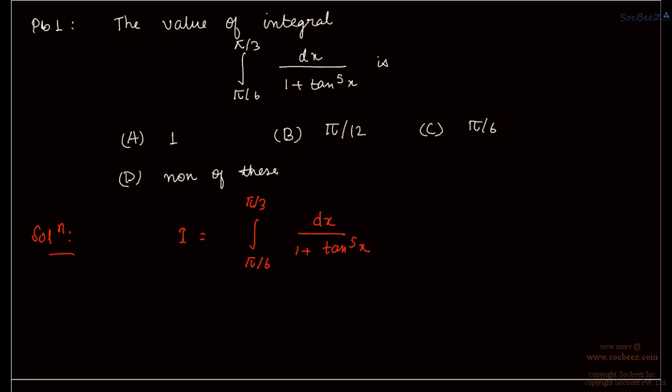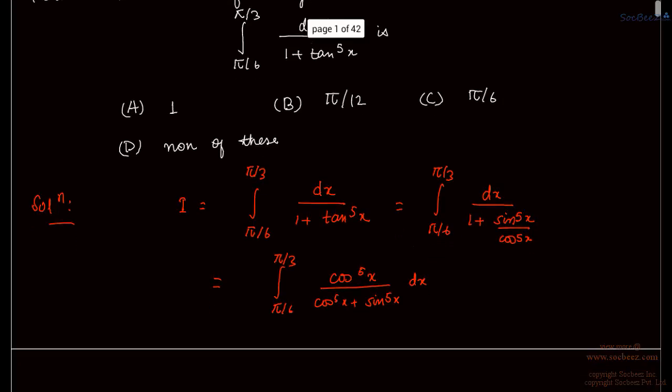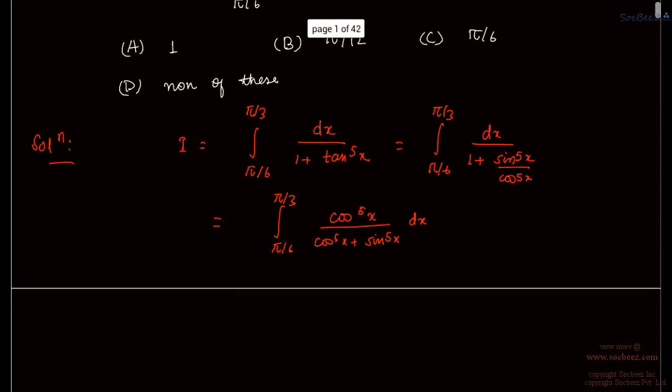So this tan 5x can be written as sin 5x upon cos 5x, or we can write it further as the integral from pi by 6 to pi by 3 of cos 5x upon cos 5x plus sin 5x dx. Okay. Now say this is the integral I.